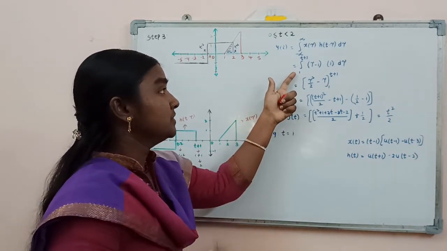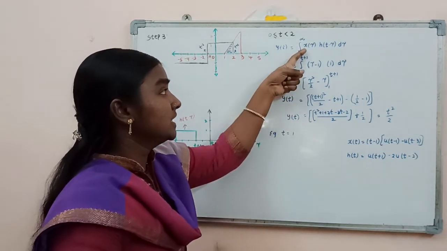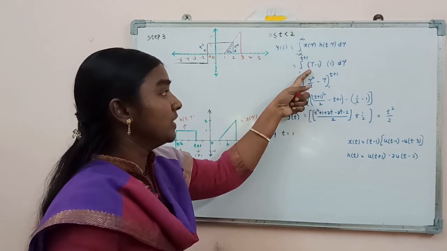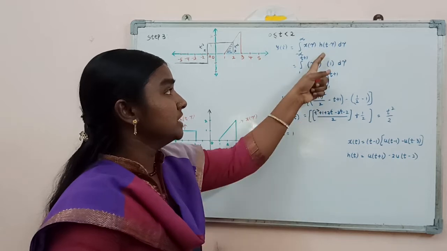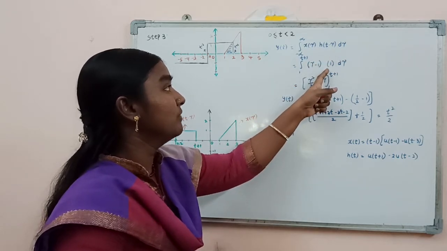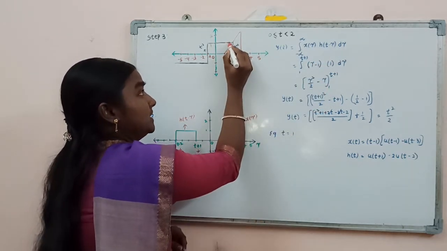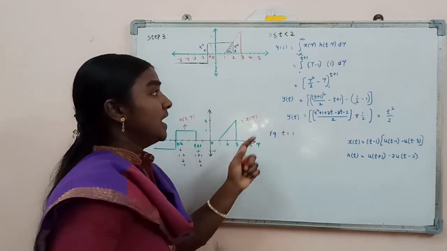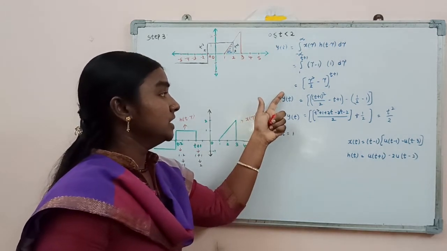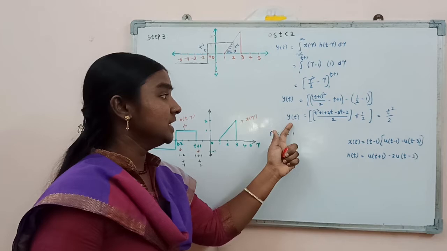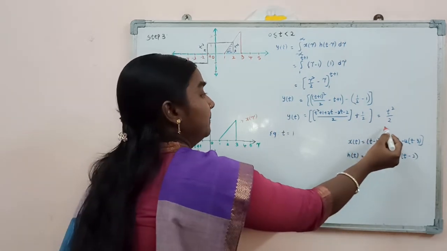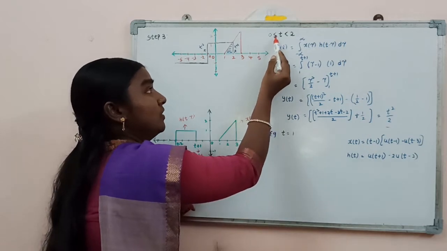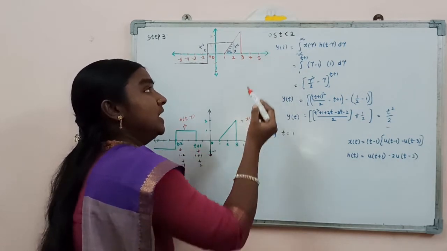By substituting the integral limits, the x of tau equation is going to be tau minus 1, and h of t minus tau is going to be 1. Here is the amplitude showing, and after doing the integration, the output y of t signal we may find as t square by 2 in the interval 0 less than or equal to t less than 2.